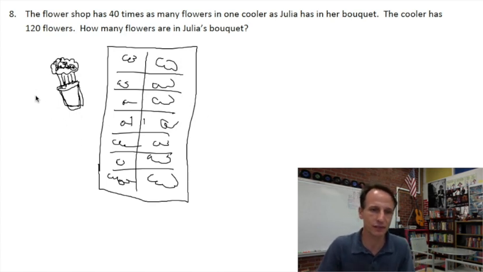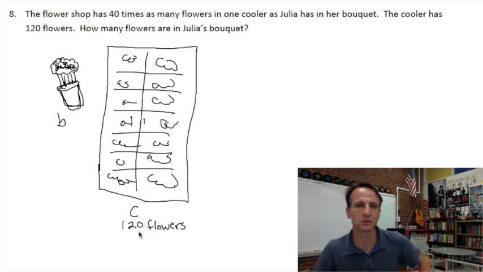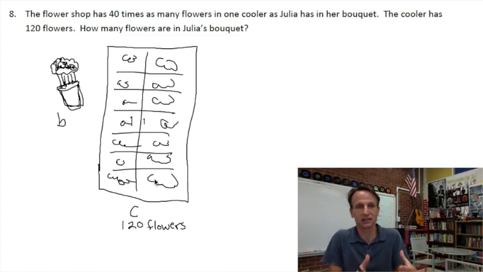So this is the bouquet right here, and this is the cooler. Now think, the cooler has 120 flowers. Is it possible that if you multiply 120 by 40 and get some much larger number, Julia's little bouquet in her hand has thousands of flowers in it?